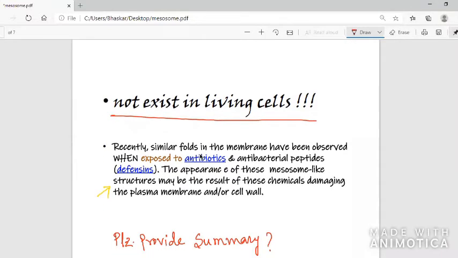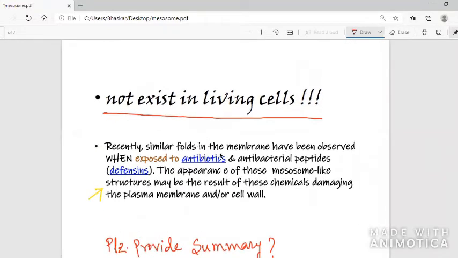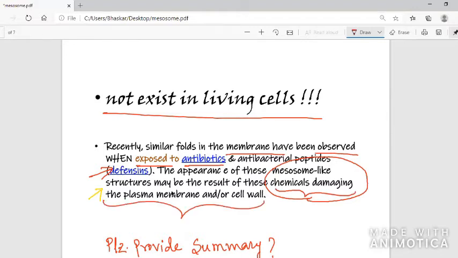Recently, new studies have shown that similar folds in the membrane have been observed when exposed to antibiotics and antibacterial peptides like defensin. The appearance of this mesosome-like structure may be the result of these chemicals, as we have already discussed, causing chemical damage to the plasma membrane and the cell wall.